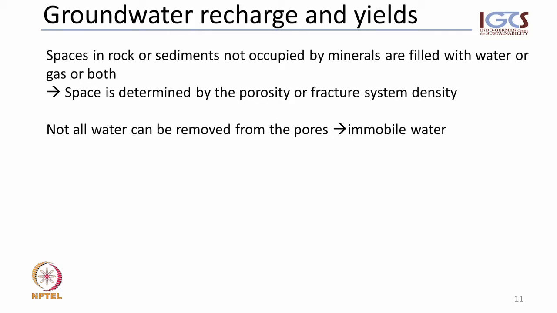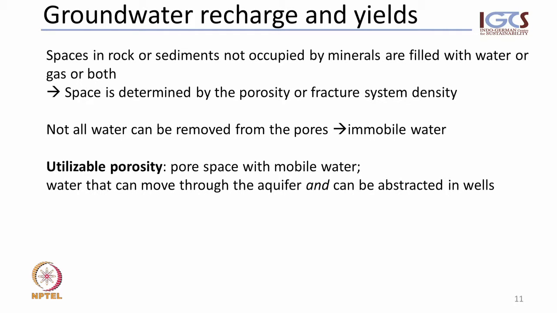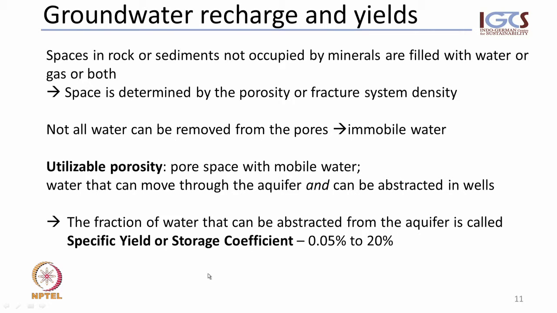Now, not all of the water occurring in these spaces can be removed from them, and we call this water immobile water. For that reason, we are not looking at the overall porosity of a rock or an aquifer. We are looking at the utilizable porosity, which is the pore space occupied by mobile water. That is water that can move through the aquifer, and it is water that can be abstracted in a well. This is what is relevant to us from a water management perspective.